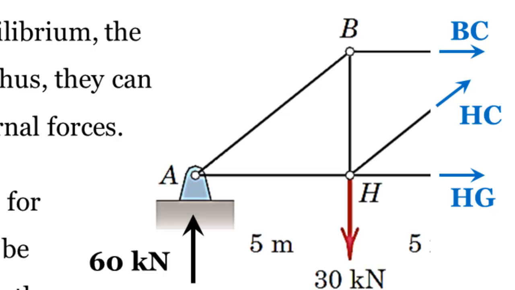I have 3 unknown forces. So the trick here is to find a point such that, if I take the summation of the moments about it, 2 of the unknown forces will cancel. That means I will end up having only 1 unknown force in one equation, so it's solvable.